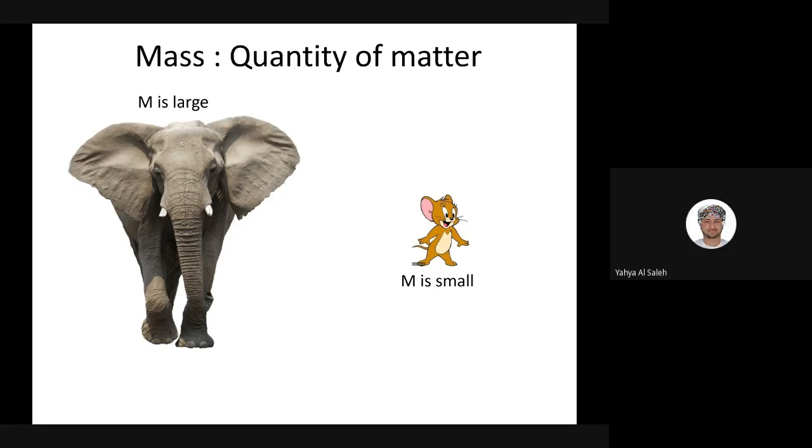We just pass the buck. So what are the atoms made of? Protons, neutrons, electrons. Do these things have mass? Yes, of course.